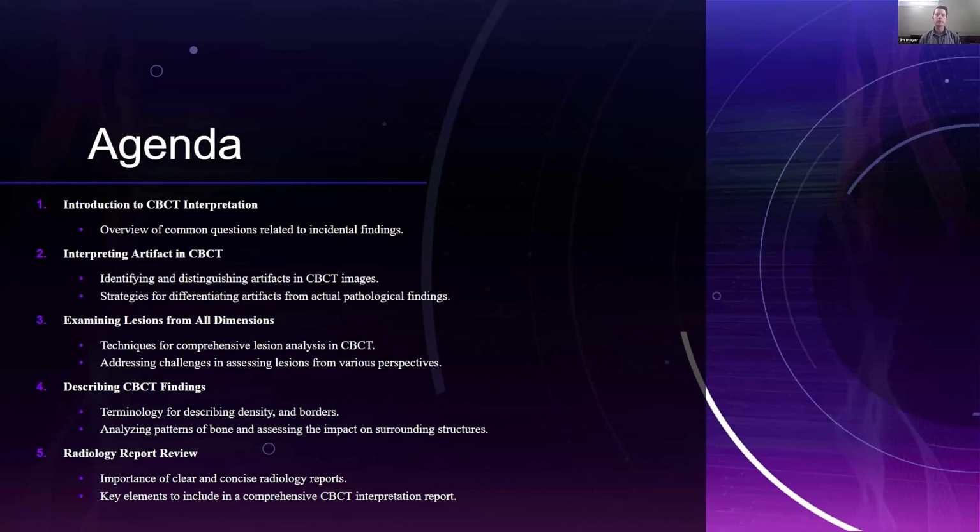So we're mostly going to be talking about, when we look into a CBCT volume and we're focusing on a specific pathology, first of all, we'd like to know that there is some kind of pathology there. And if there is, how can we describe it? When we describe something in radiographic terms, it helps us lead to a conclusion about something.